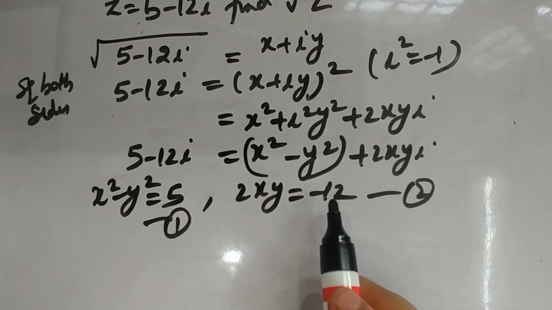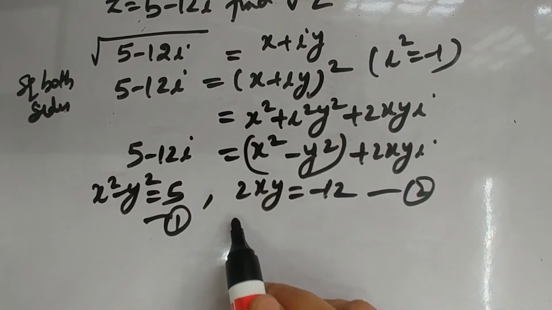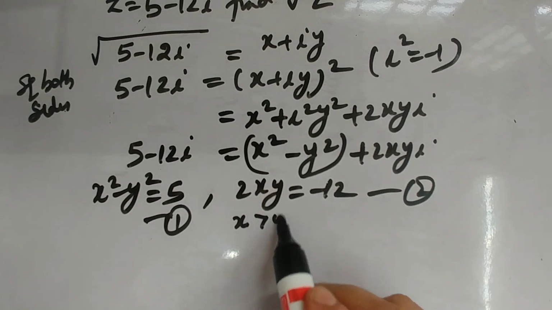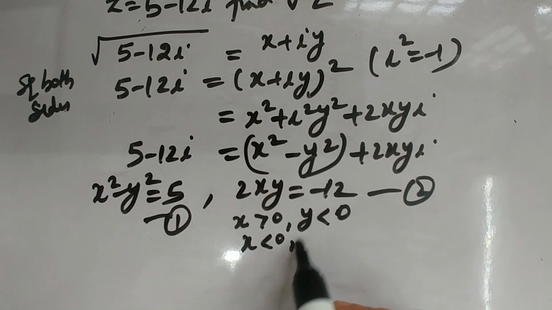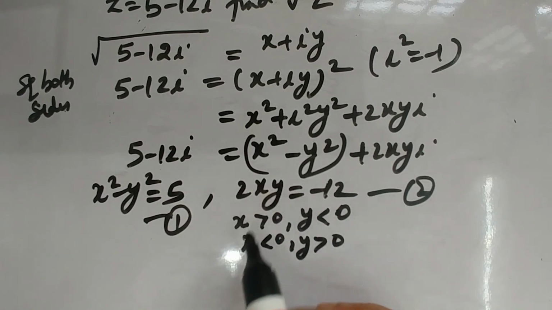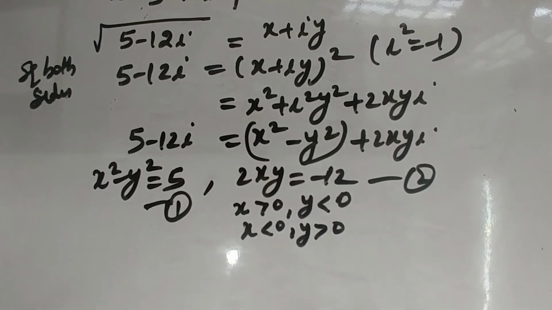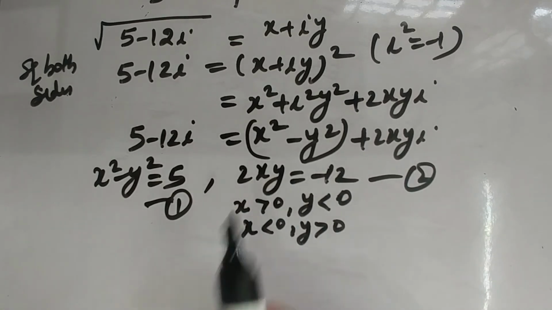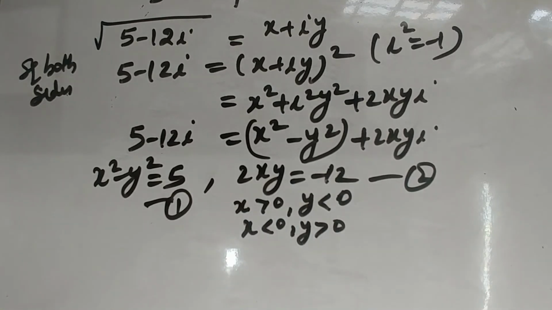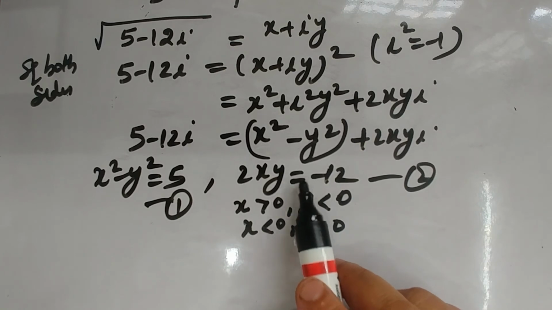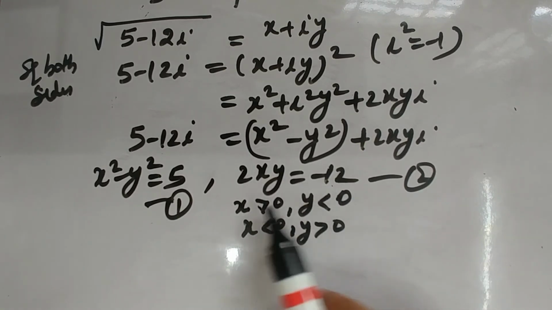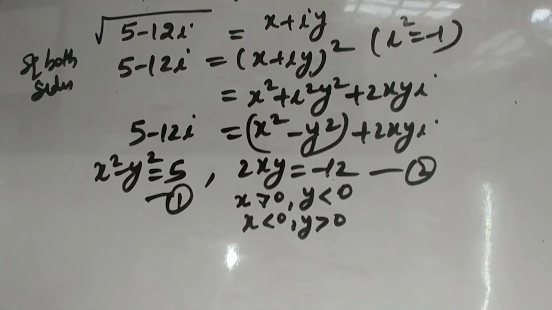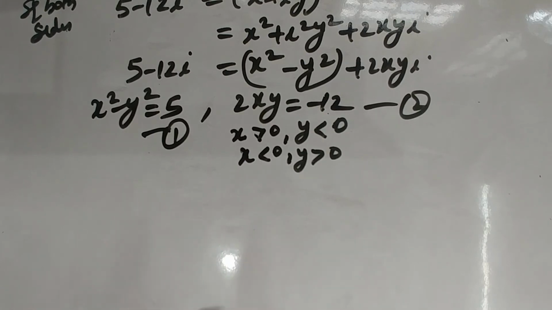That means when I frame the complex number, I'll keep in mind that if x is positive, then y must be negative, and if x is negative, then y must be positive, because only then will the product of two numbers be negative. Otherwise, if both x and y are negative, or both are positive, the result will be positive. But as you can see, the product is negative.